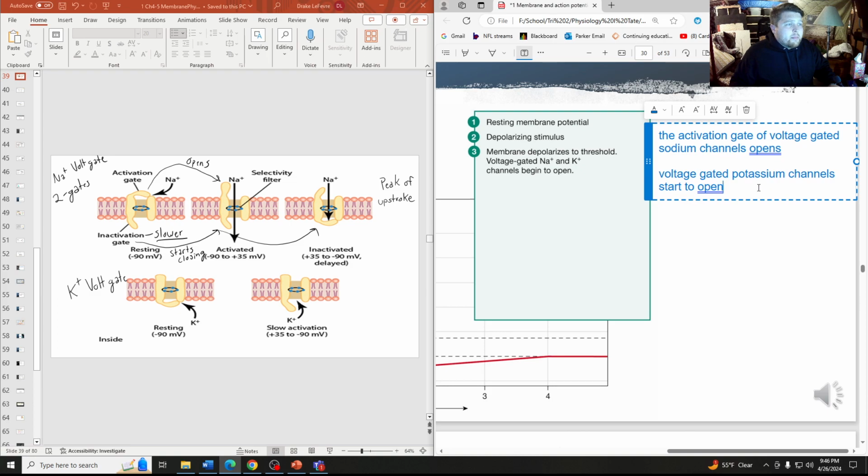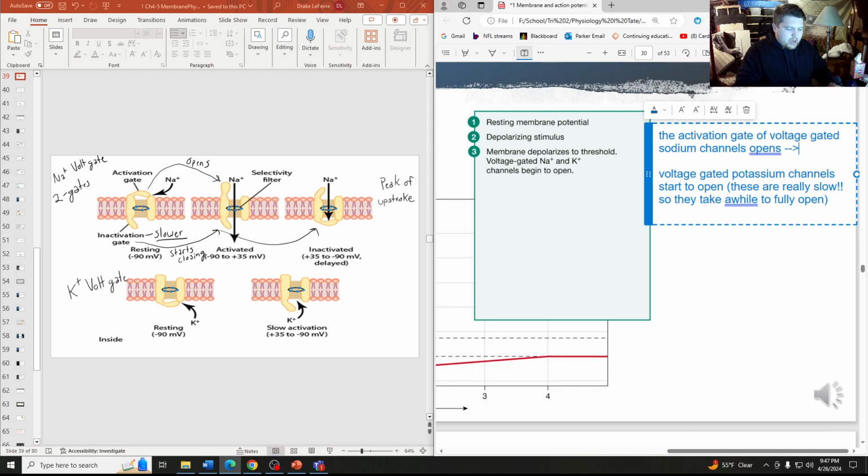Things to remember: the potassium channels are really slow, so they take a while to fully open. So what does this mean is happening at this point?